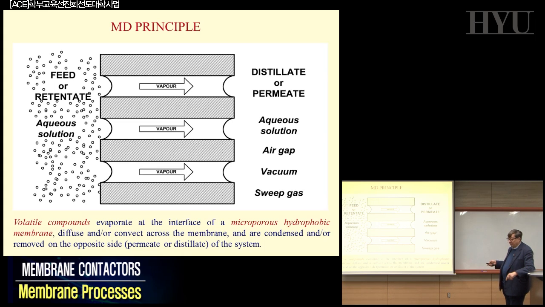But temperature is very important for another reason, because by changing the temperature of the feed, you facilitate evaporation. If you remember, the Clausius-Clapeyron equation gives you an exponential dependence of the molecules going into the vapor phase on increasing temperature. So if you want to increase the transmembrane flux, you have to increase temperature.